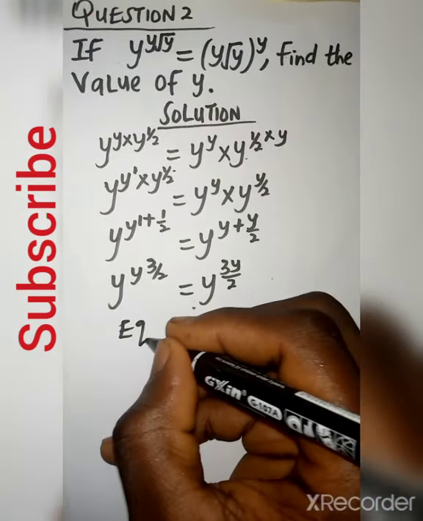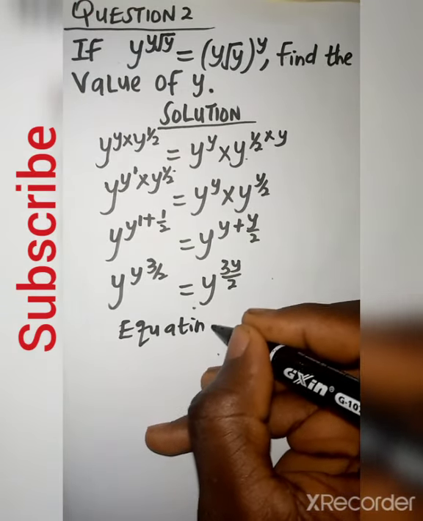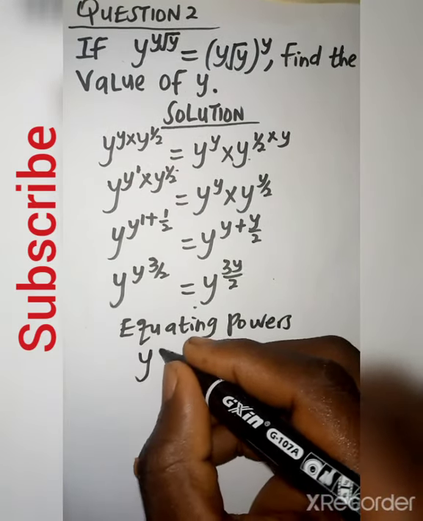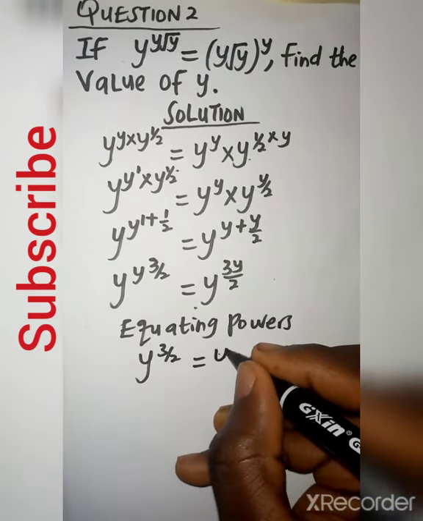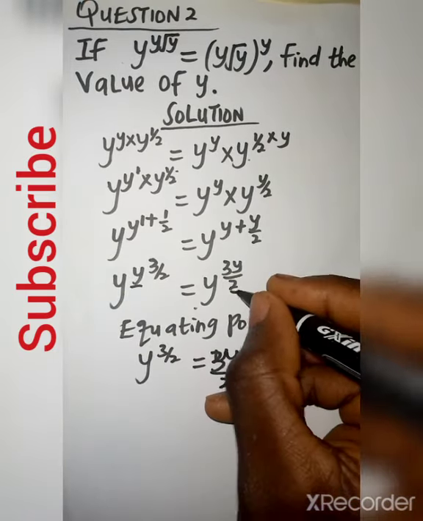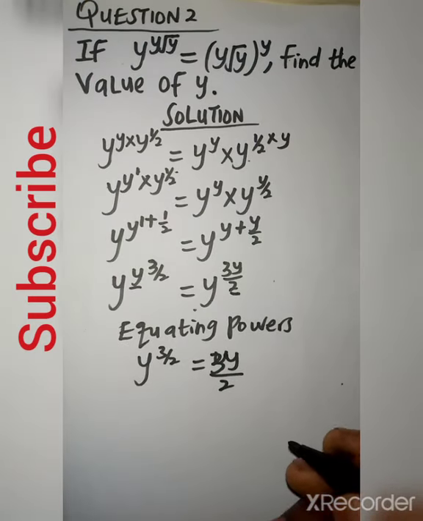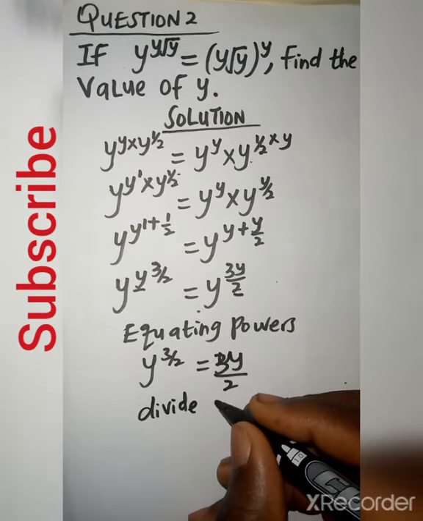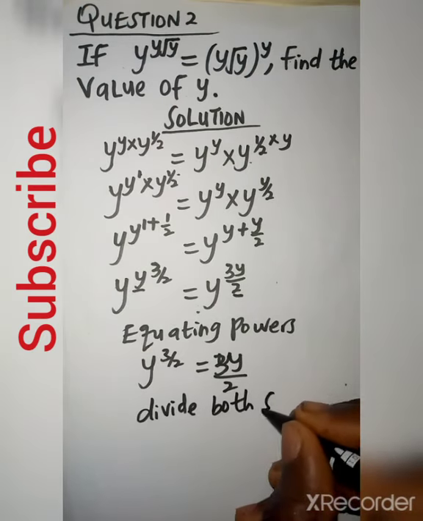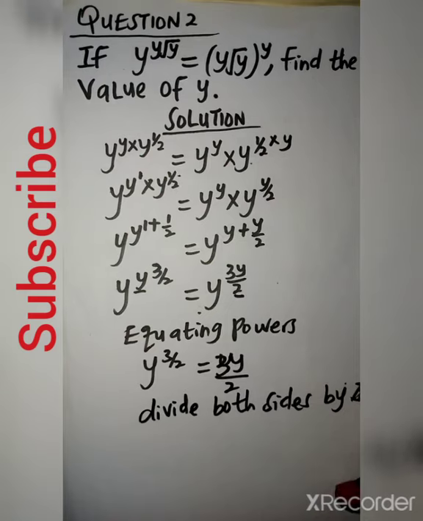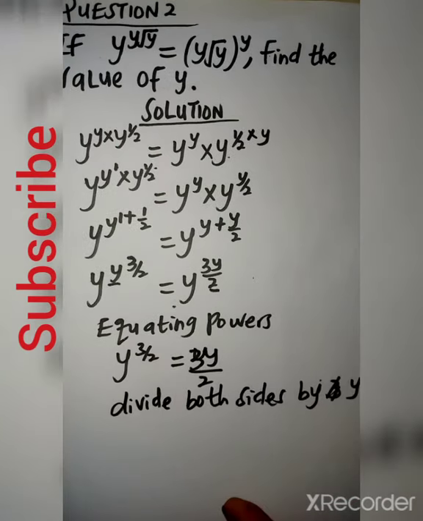So I could say, equating powers, if I equate the powers, I have 3 over 2 equals 3y over 2, because these are the powers. So I equate the powers. So I could just divide both sides by 3, by y. So divide both sides by y.